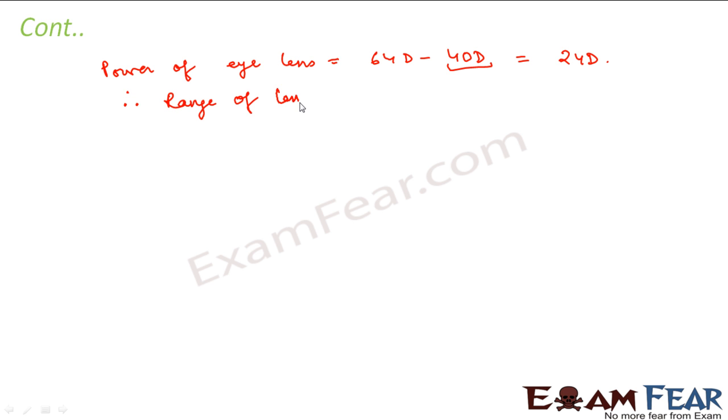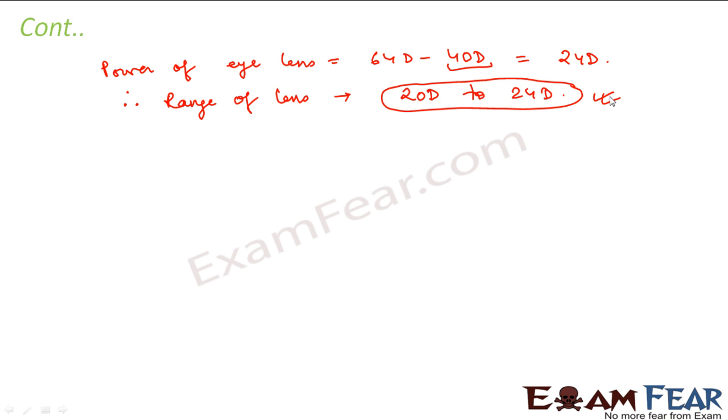Therefore, in this case, what would be the power of the eye lens? Power of eye lens will be 64D minus 40D, because 40D was the power of the cornea. So this would be 24 diopters. Therefore, the range of the lens would be 20 diopters to 24 diopters.